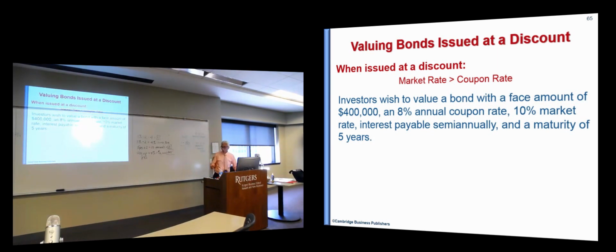In this case, very similar to what I had up before, you have the bonds with 400,000 at 4% stated rate, semi-annual coupon rate, 16,000 is your payment. The market rate now is 10%.